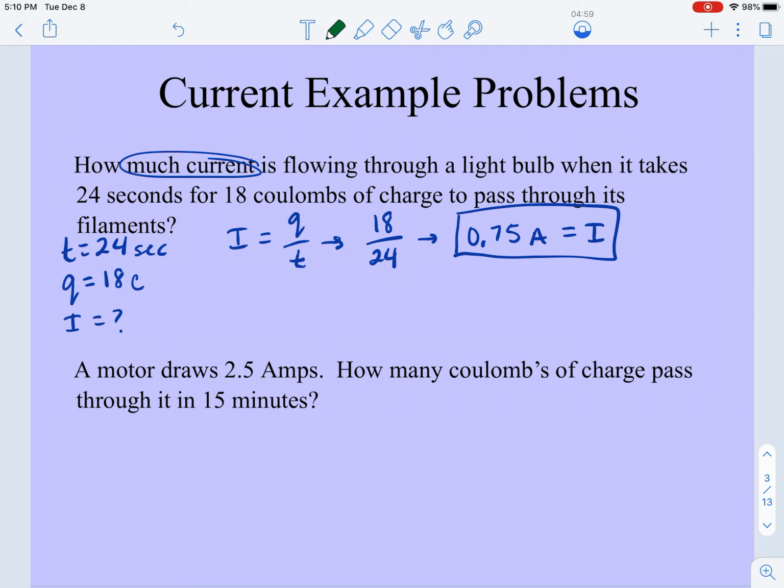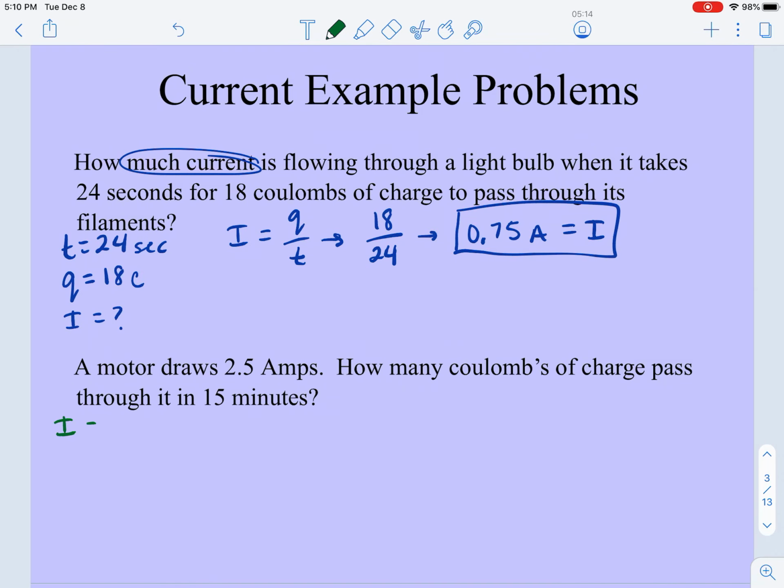Remember that I would like for you to make sure that you are listing out your givens for all of these questions. We will come across variables provided in different units from time to time. If the unit given is not the standard unit that we need for the mathematical relationship being expressed by our formula, we have to make sure that we convert that.